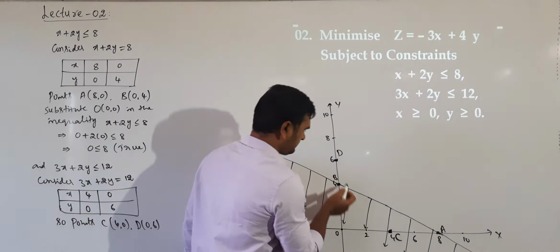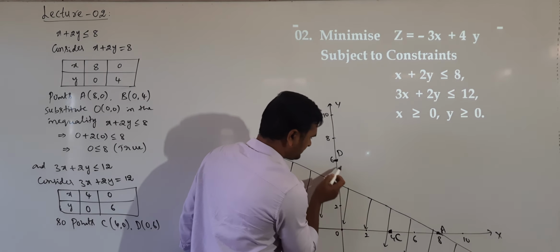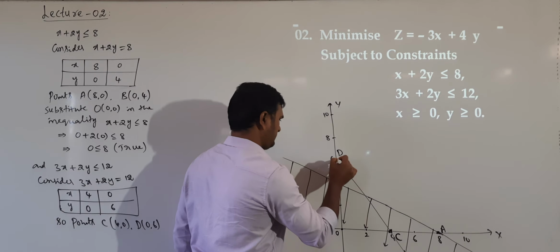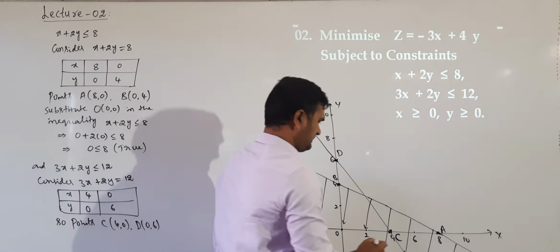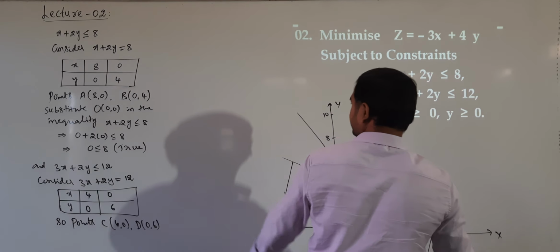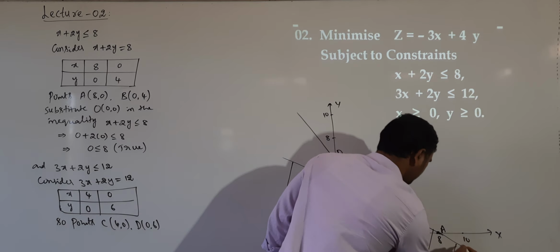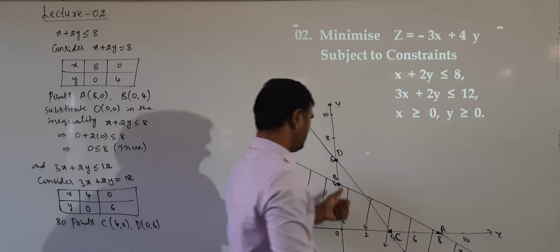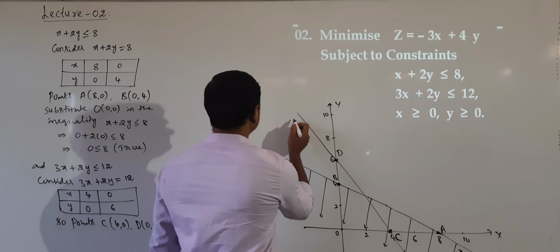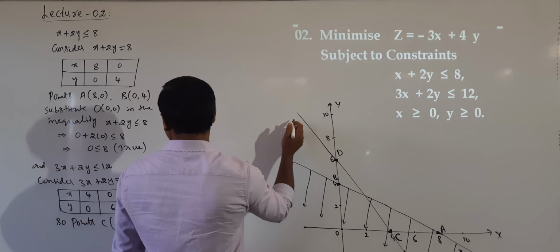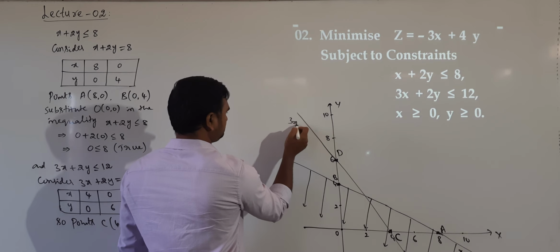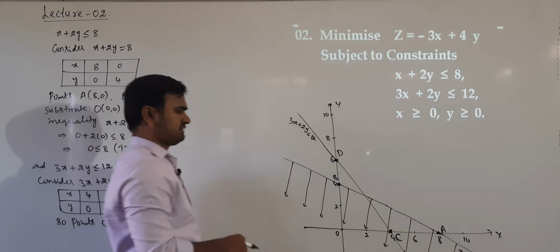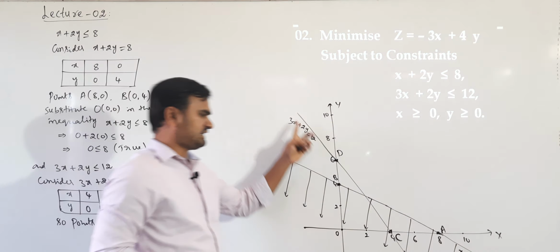So draw a dark line passing through these 2 points. You can name that line. Okay, first line is this one, which is x plus 2y equal to 8, and this is the second line, which is 3x plus 2y is equal to 12. Right. So this is the second line.